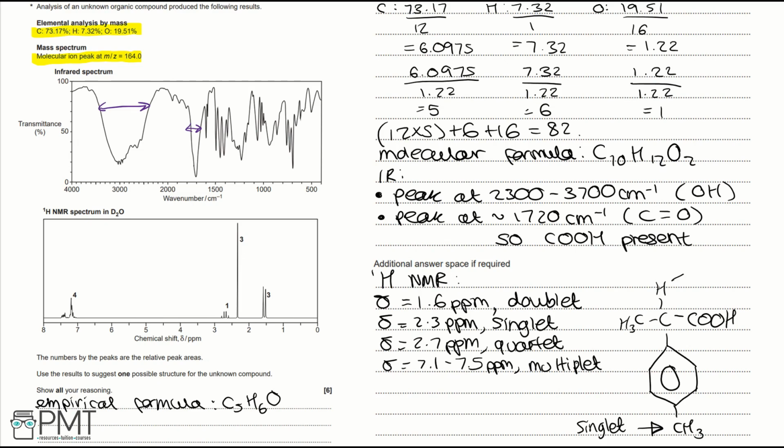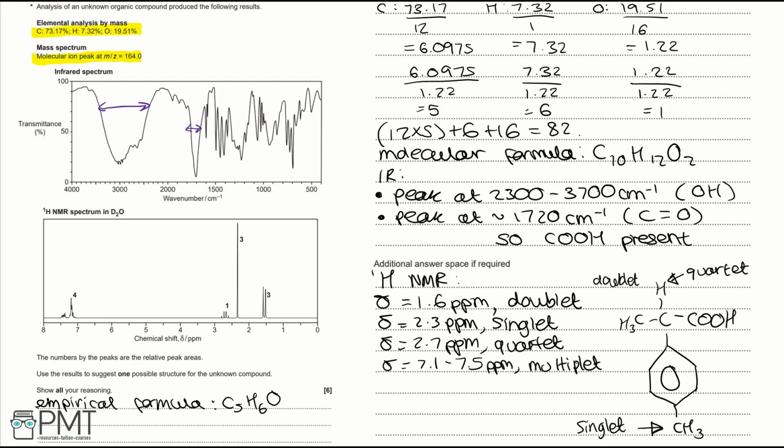Our quartet splitting pattern would be on our hydrogen of the central carbon and the side chain, and that is because there are 3 hydrogens involved in the environment next door, with our CH3 group attached to this part of the molecule. We would have a doublet splitting pattern because there's 1 hydrogen involved in the environment next door.